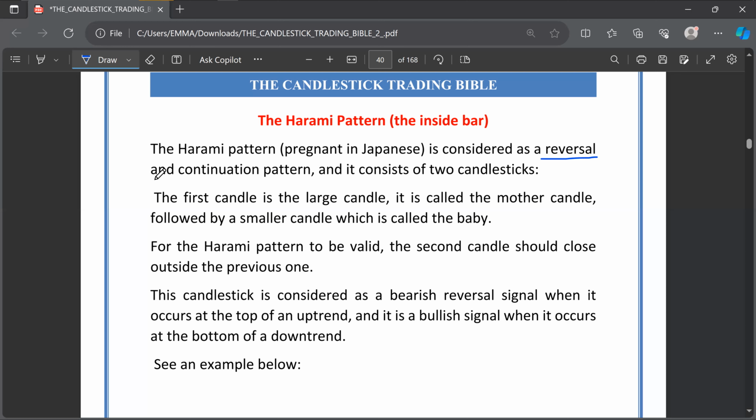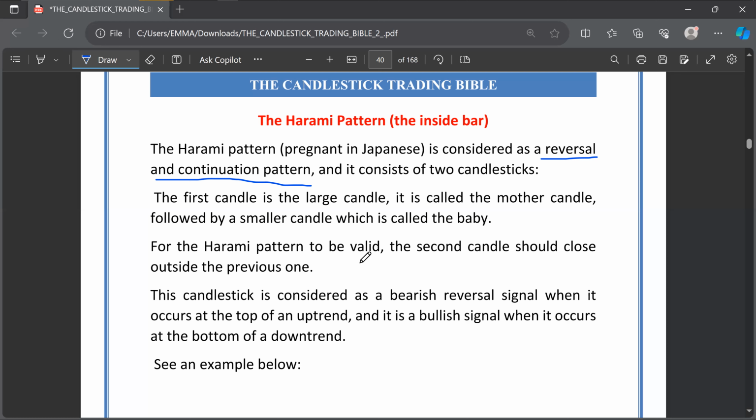So let's say you see a general upward trend, and then you see one type of Harami. It means the trend could continue moving in that sense. And at times when it is found at another place, it could be a trend reversal.